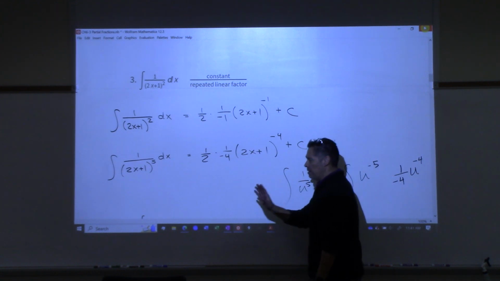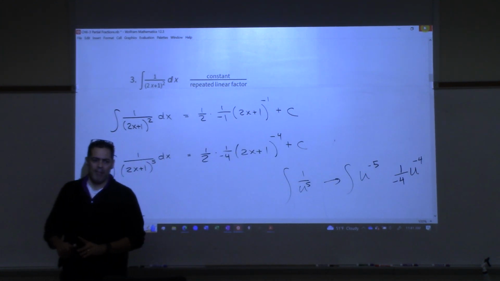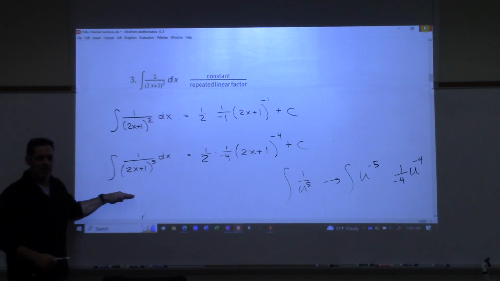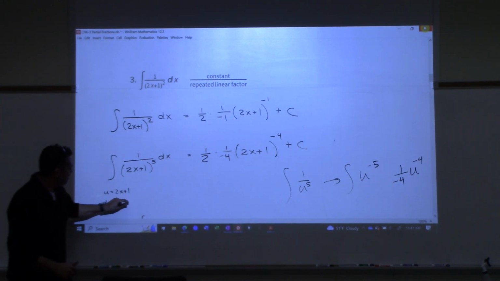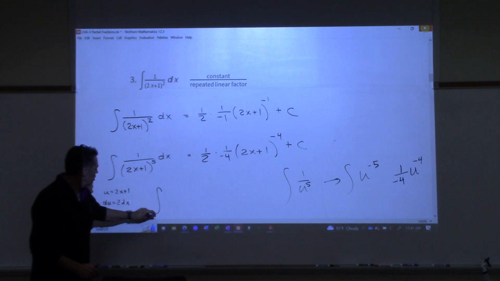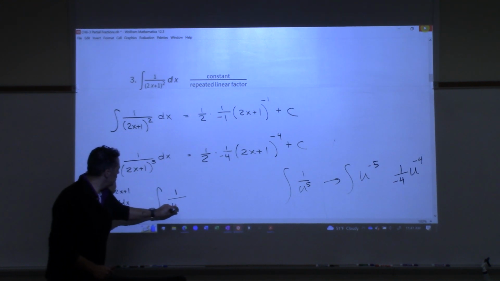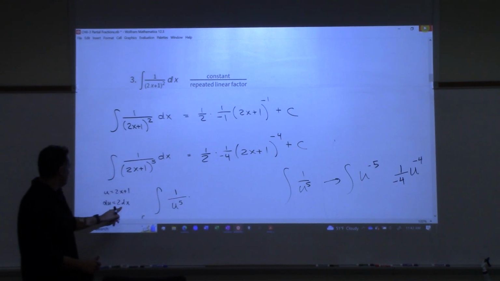I mean, we could mechanically do the substitution, right? If we wanted to, we could sit here and say, okay, u is 2x plus 1. du is 2 dx. Let's rewrite the integral 1 over u to the 5th, and then that's off by 2, so I would scale both sides.